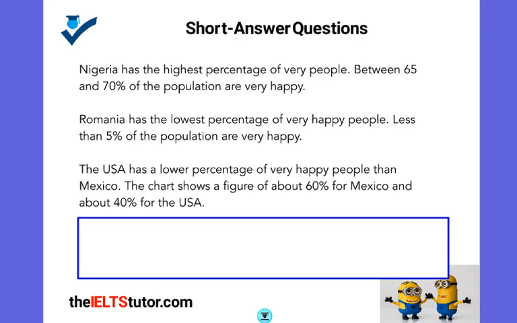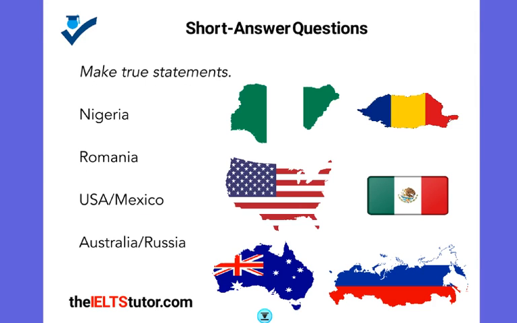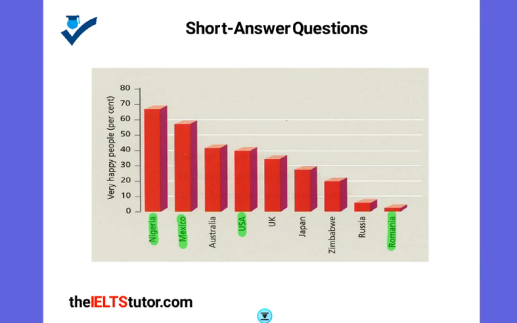And finally, what can you say about Australia and Russia? Okay, so let's go back to the chart again. Australia over here and Russia over here. Okay, so a minute to think about these two countries.